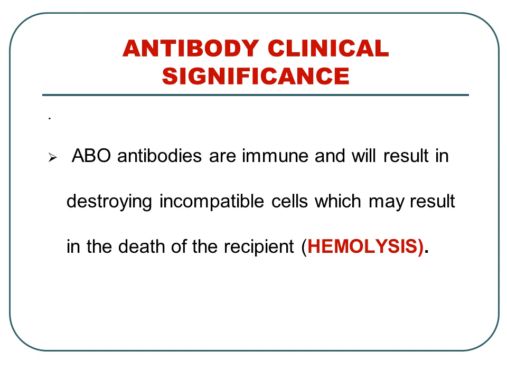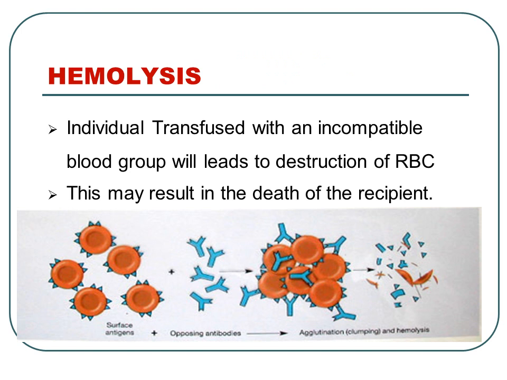Antibody clinical significance. ABO antibodies are immune and will result in destroying incompatible cells, which may result in the death of the recipient. That's hemolysis. An individual transfused with an incompatible blood group will have destruction of red blood cells.